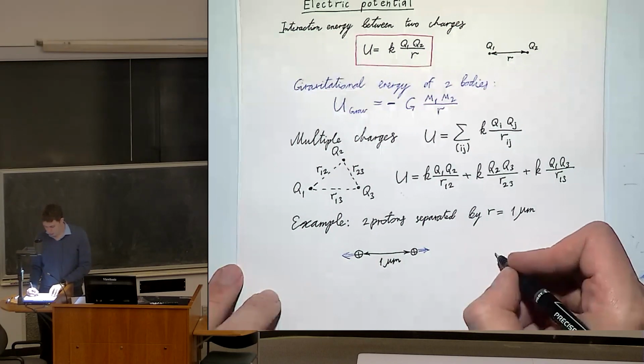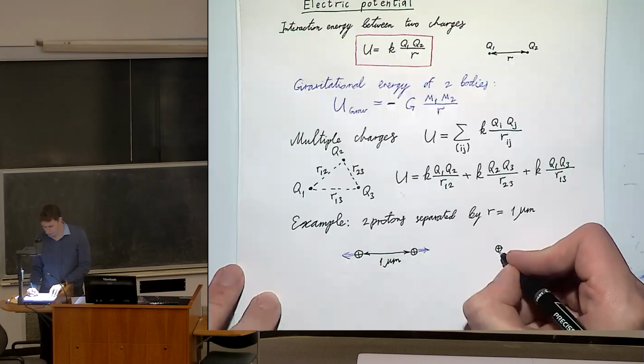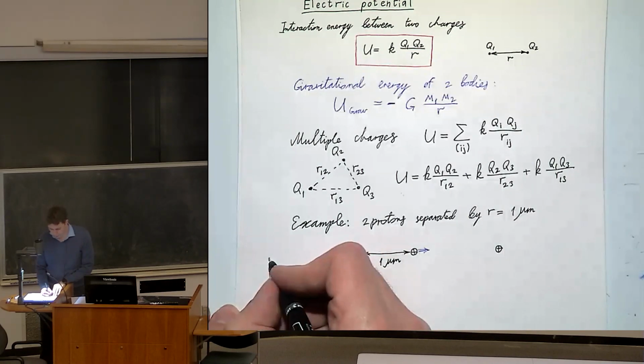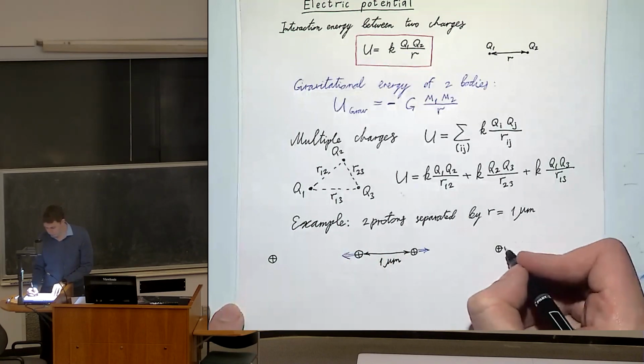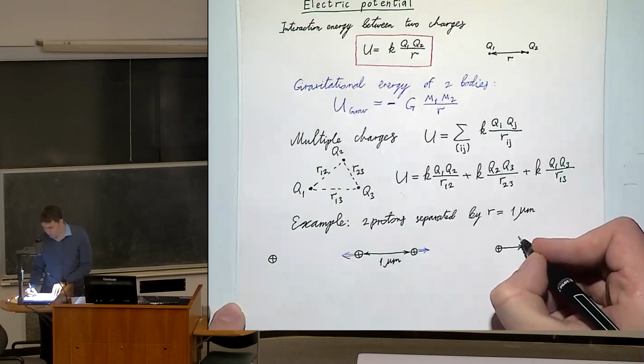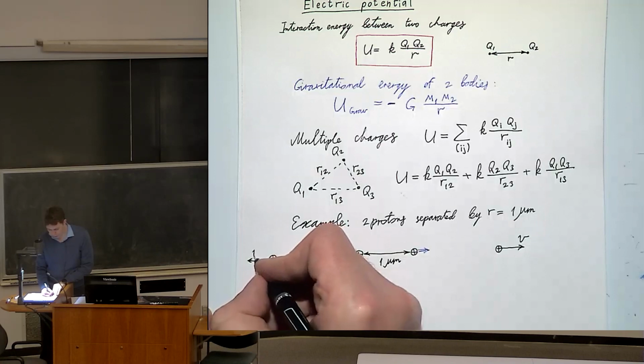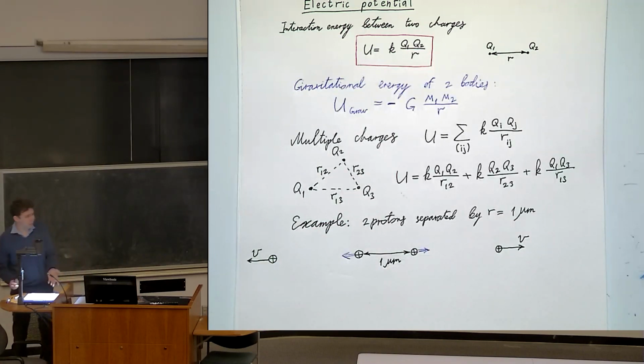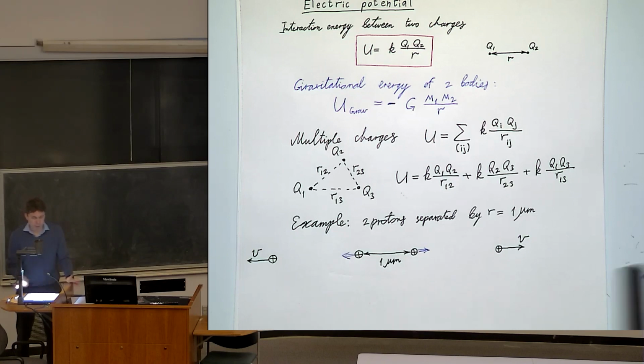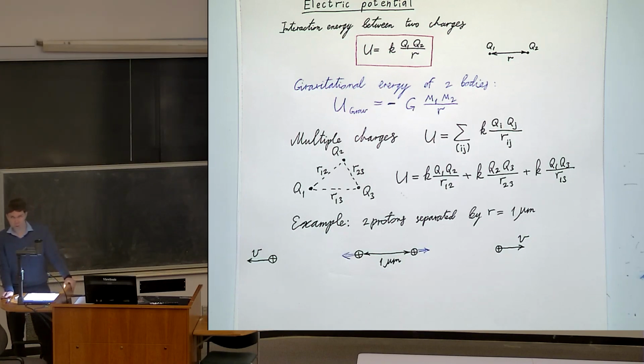As they're far apart, the interactions can be neglected, but the 2 protons are going to move with some velocity v in opposite directions. The velocities must be the same because they are identical, and the system is symmetric in this sense.